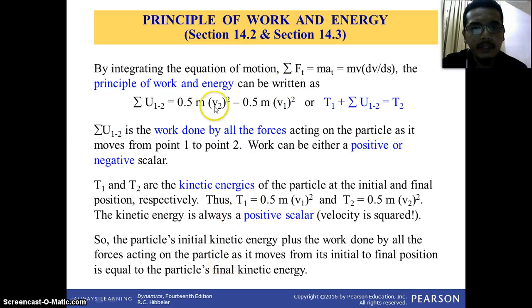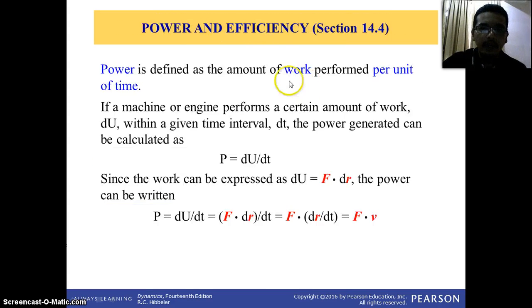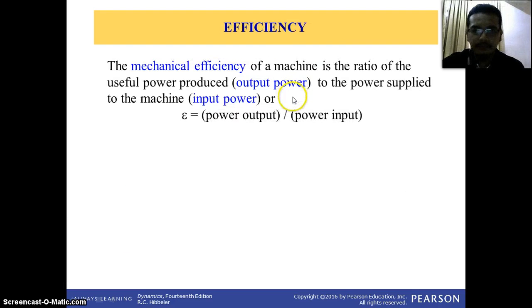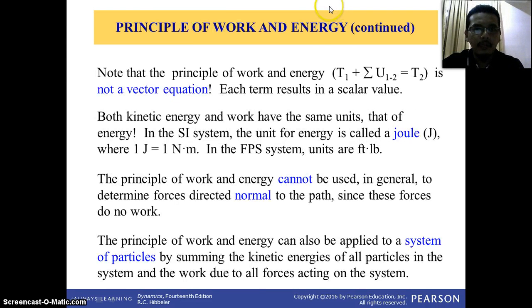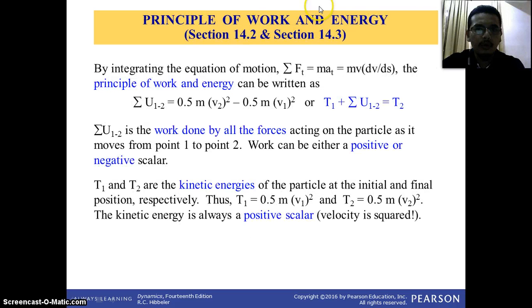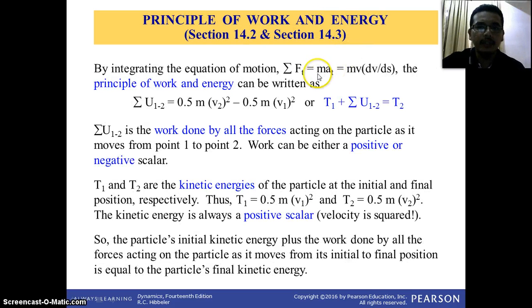Okay, by integrating the equation, now we move to our principle of work and energy. We have done the work done. The principle of work and energy: we need to integrate the equation, the resultant tangential force equal to m a_t. So we are integrating the tangential component equal to m a_t.